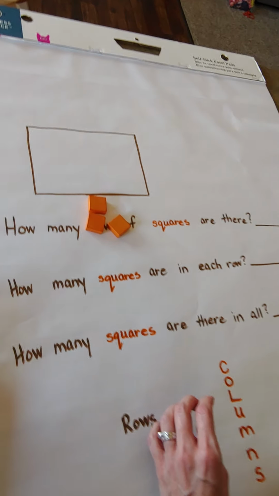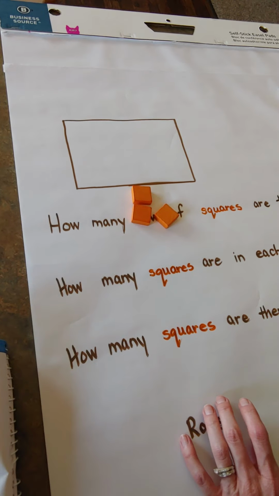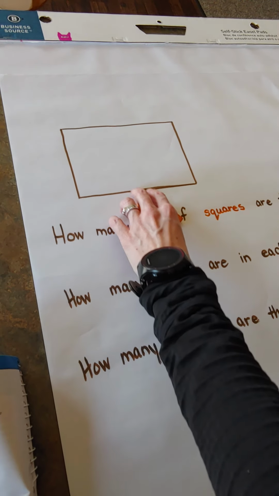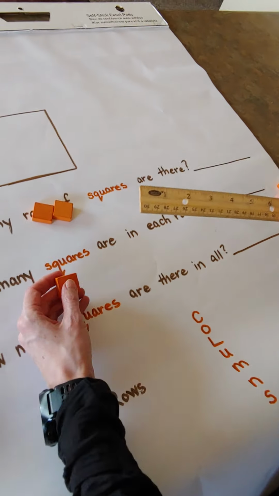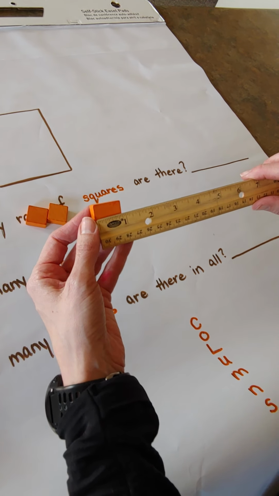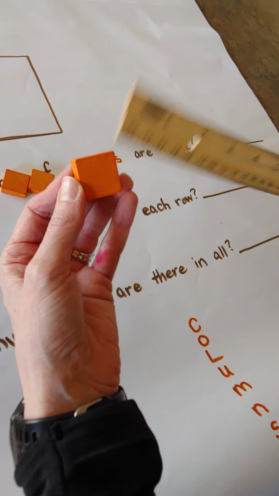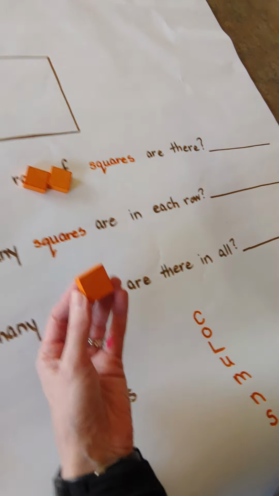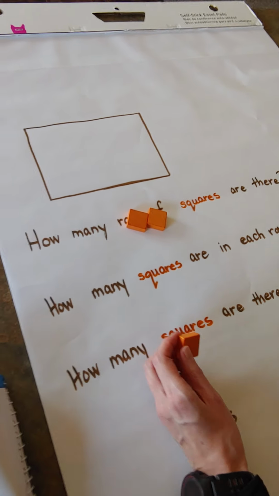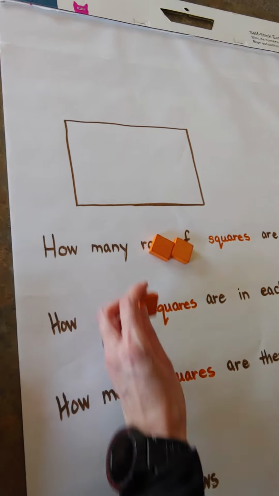And you're probably thinking, oh, I don't have squares at home. Well, I was thinking that too, and I was like, let's take my ruler. A square is about 1 inch by 1 inch. So if you pull out your ruler, you maybe can do this with me at home.